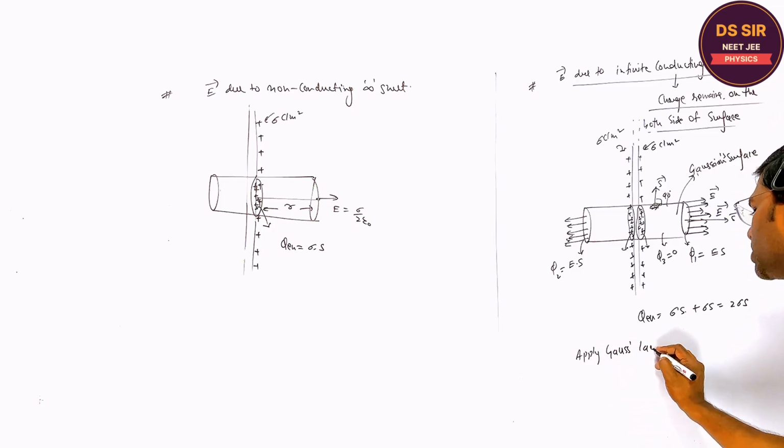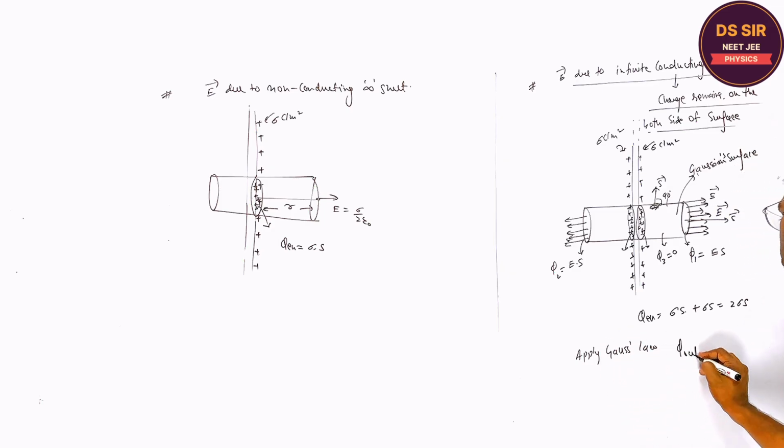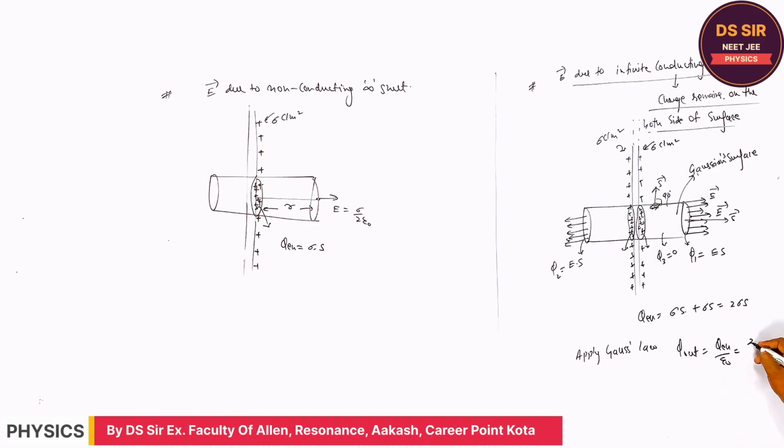So now apply Gauss's law. What is that? The net outward flux is equal to charge enclosed divided by epsilon naught. The outward flux, you can write in this way, integral E dot ds, is equal to 2 sigma s upon epsilon naught.